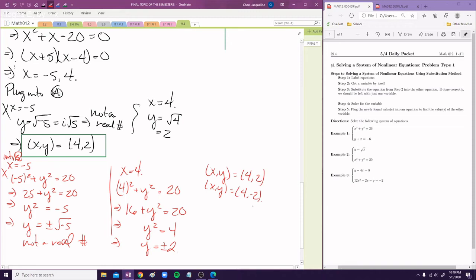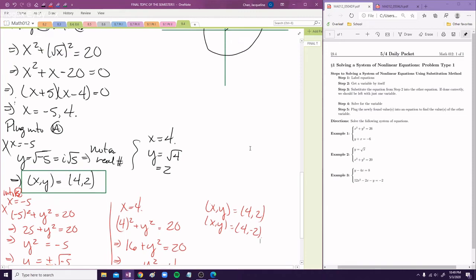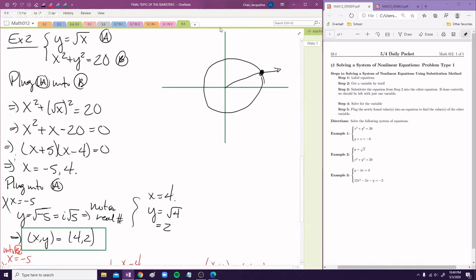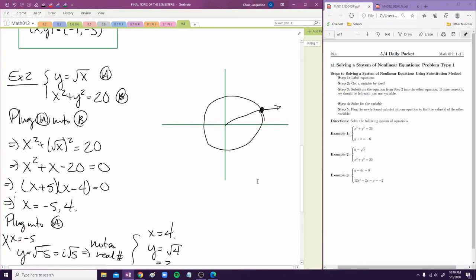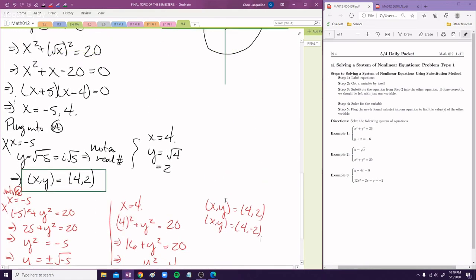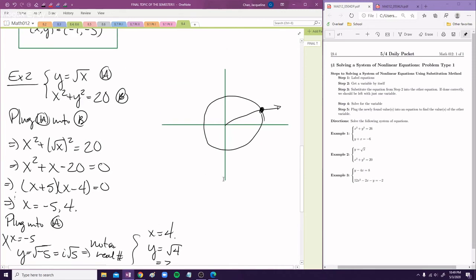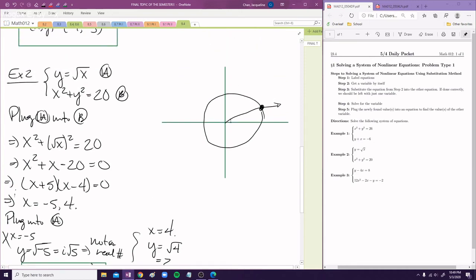And xy is equal to 4, -2. This is why it's good to sketch and have an idea of what graphs look like, because then you can tell which one would be the correct or incorrect answer, or maybe not even that, but just how many solutions you should have. So this one, we know we should have one solution.